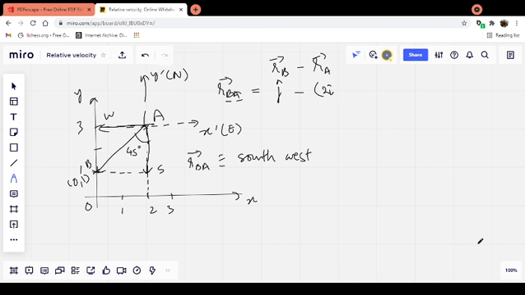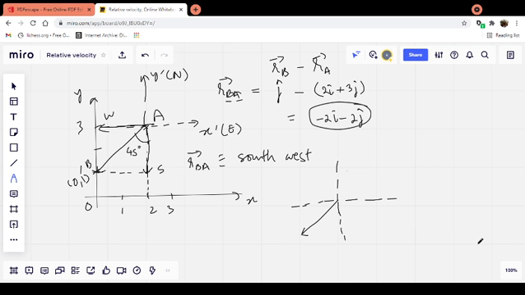3j cap. So this comes out to be minus 2i minus 2j cap. So minus 2i minus 2j, what direction would this be? If I were to draw a new x axis and y axis, minus 2i minus 2j would be somewhere in the middle, and it could be equal to the vector which I have just drawn.